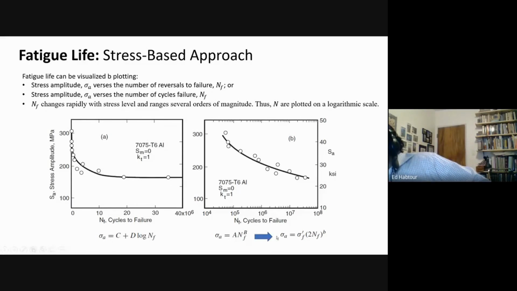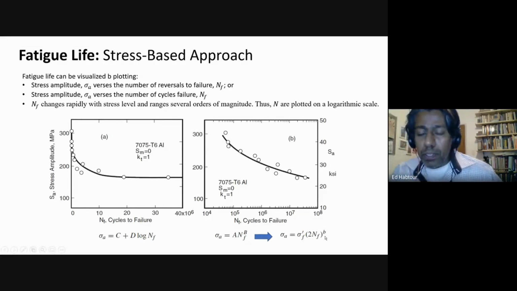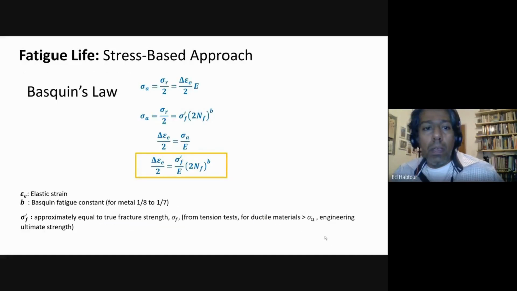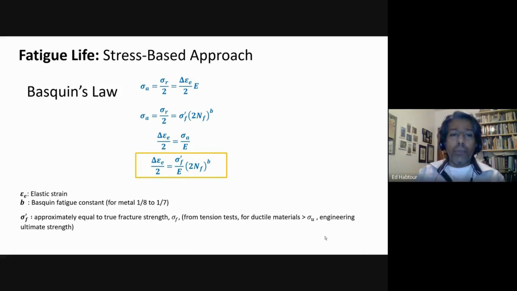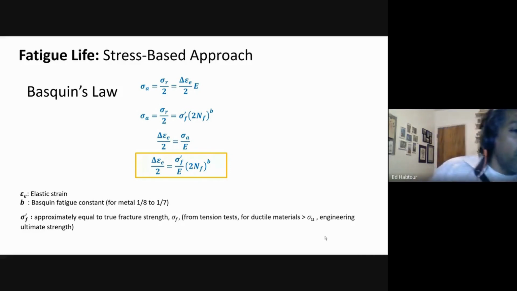This becomes important because this B here becomes a material constant that you can actually look up in standard books and materials handbooks. And that brings us to what we call the stress-based approach, and that works for elastic behavior.